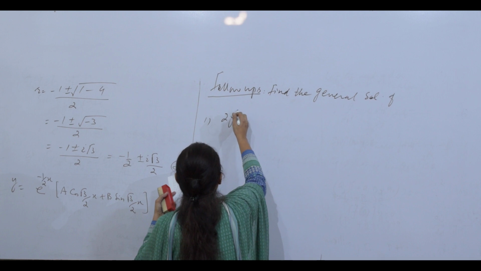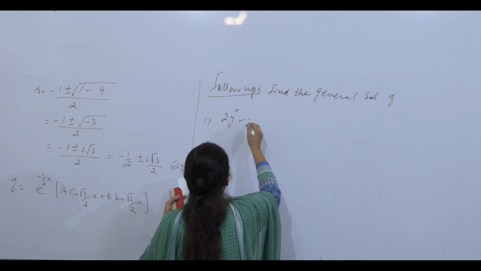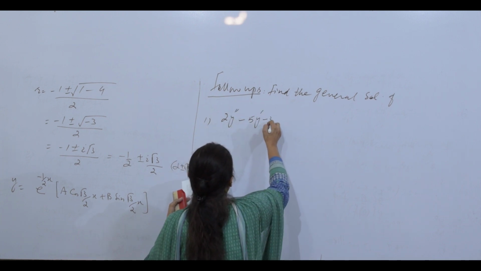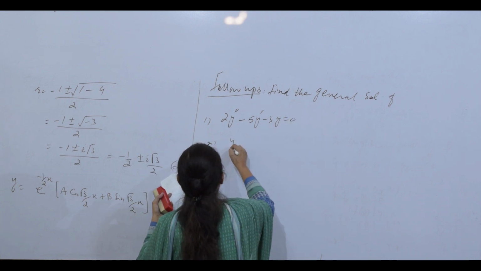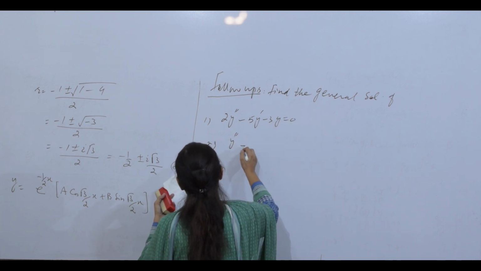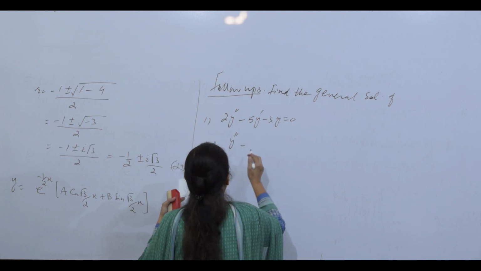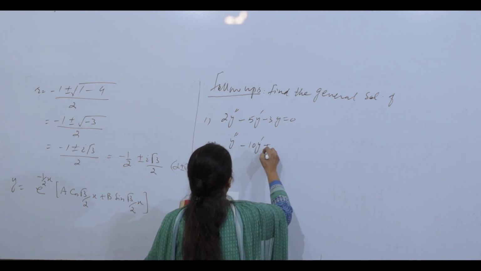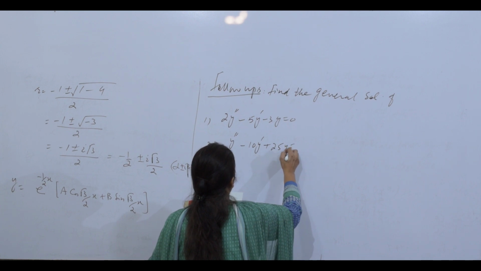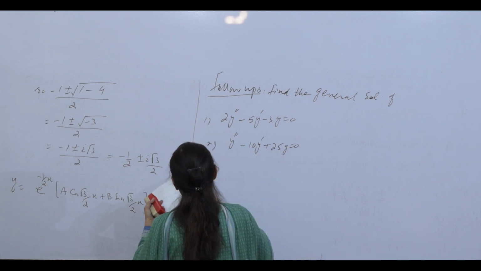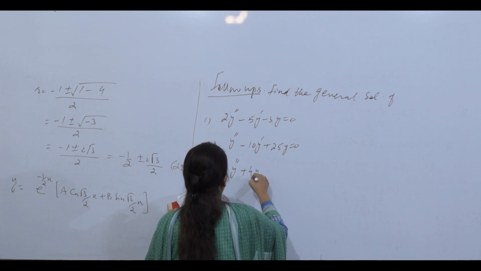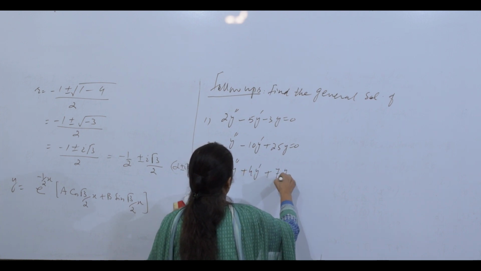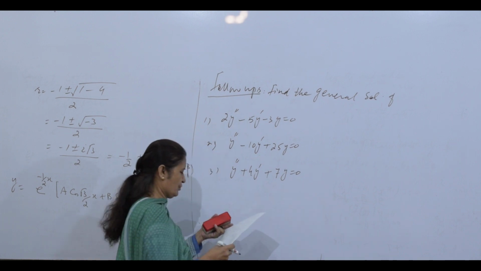Number 1: 2y double dash minus 5y dash minus 3y equal to 0. Number 2: y double dash minus 10y dash plus 25y equal to 0. And number 3 is y double dash plus 4y dash plus 7y equal to 0.